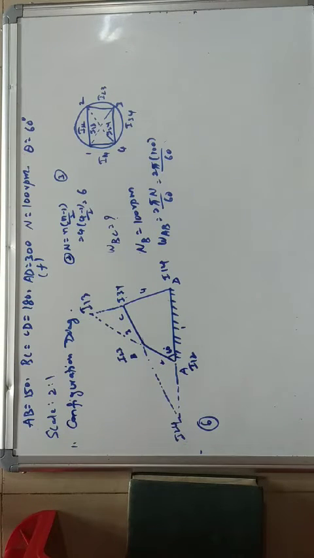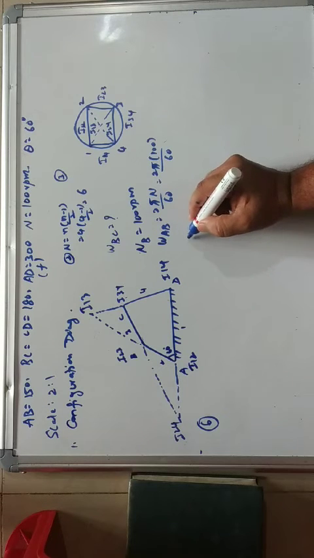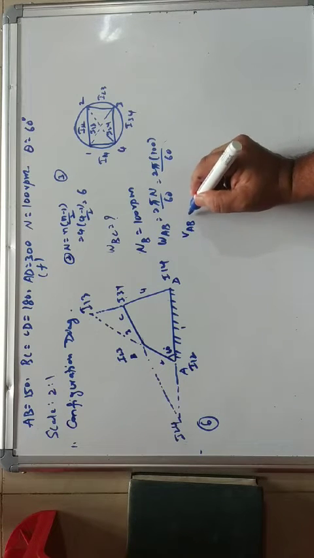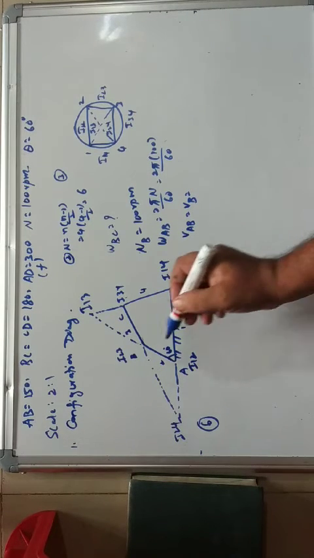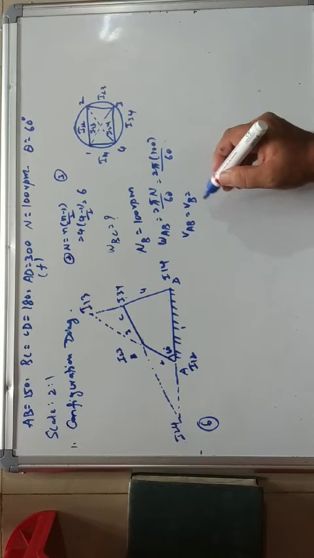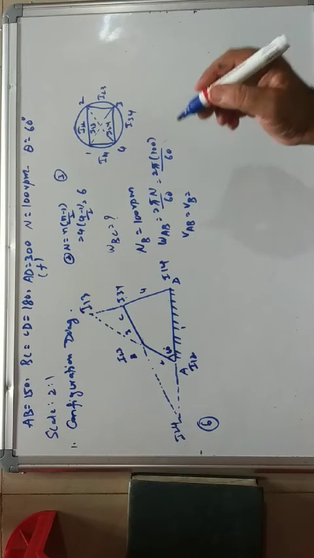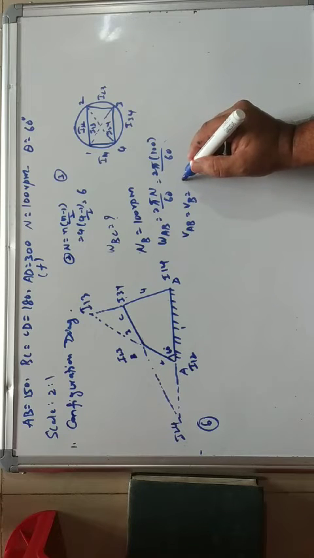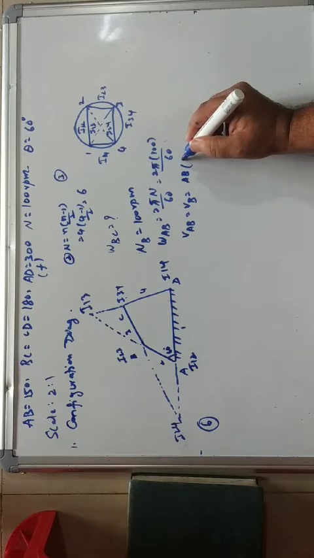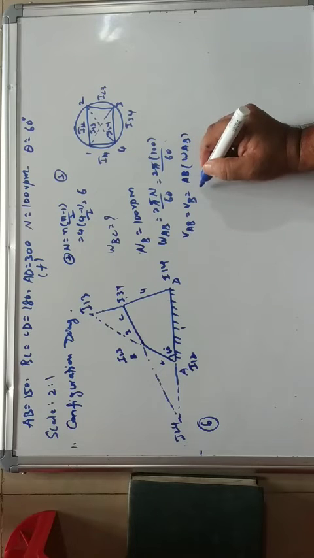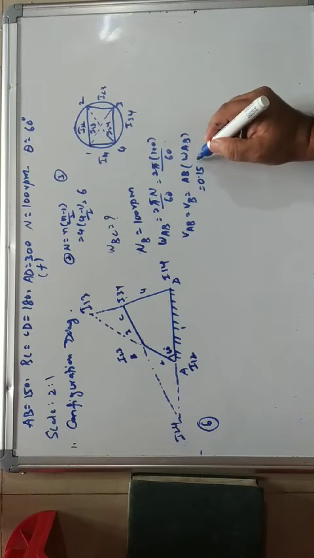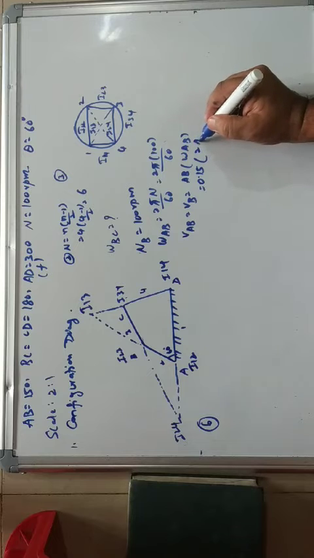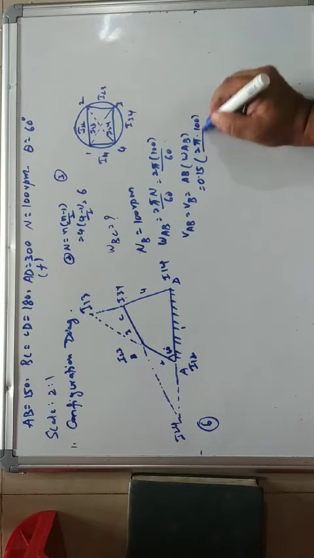After calculating omega AB, let me calculate the linear velocity of the link, because it is the absolute velocity. Absolute velocity is the velocity with respect to the fixed point. The linear velocity VB is equal to R omega, where R is the length of the link AB times omega AB. The length of link AB is 150 millimeters, which is 0.15 meters, into omega AB, which is 2 pi into 100 divided by 60.